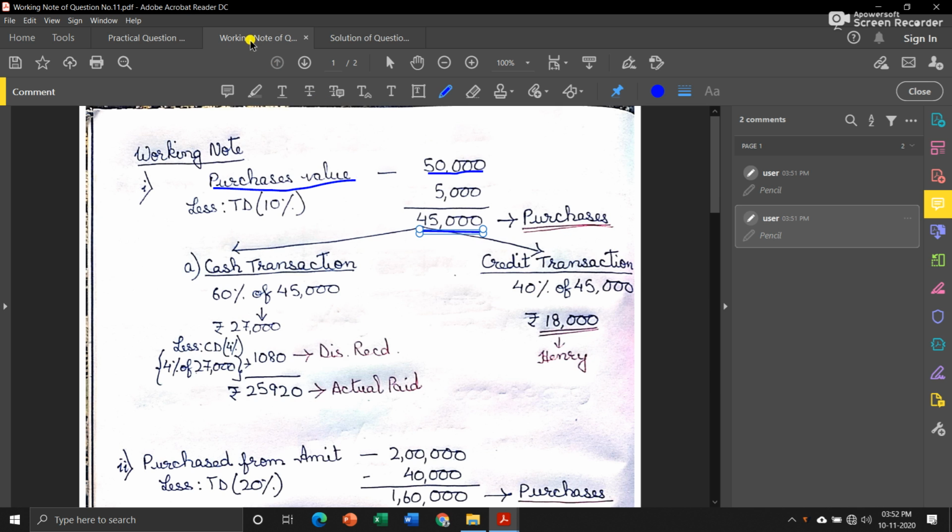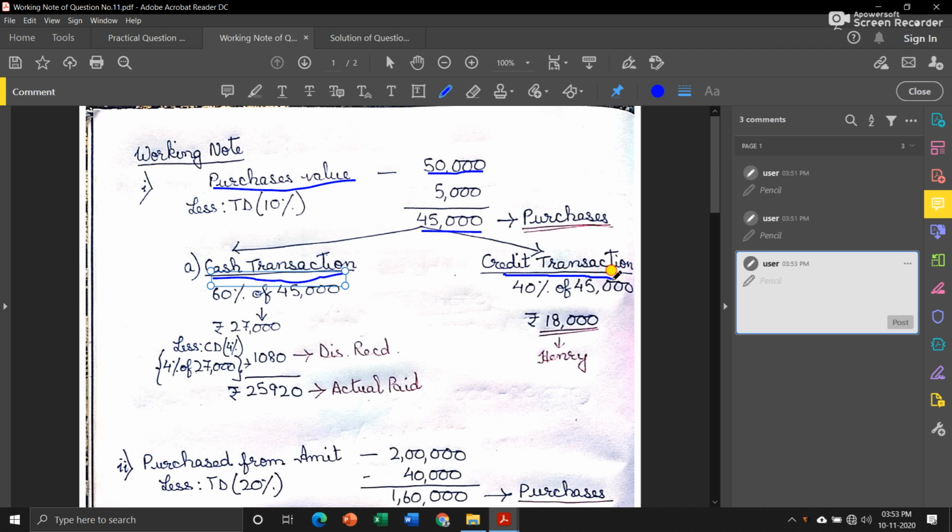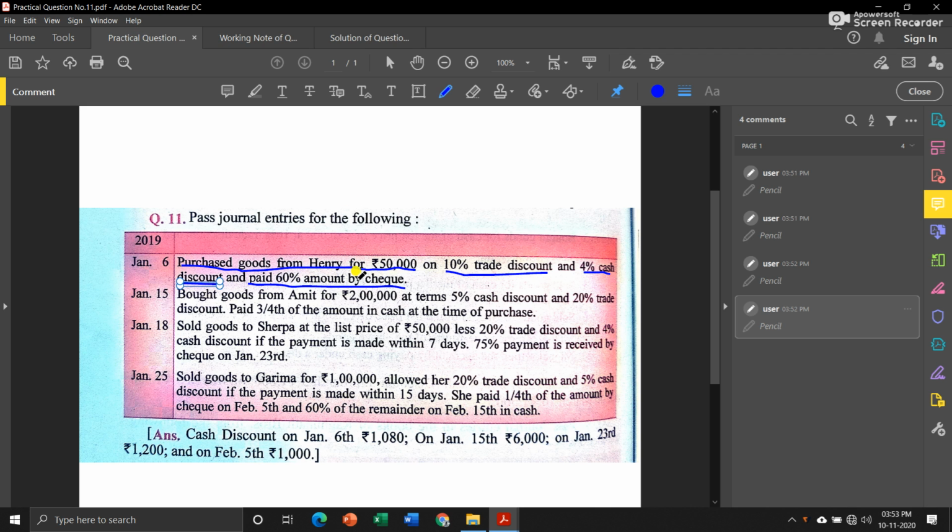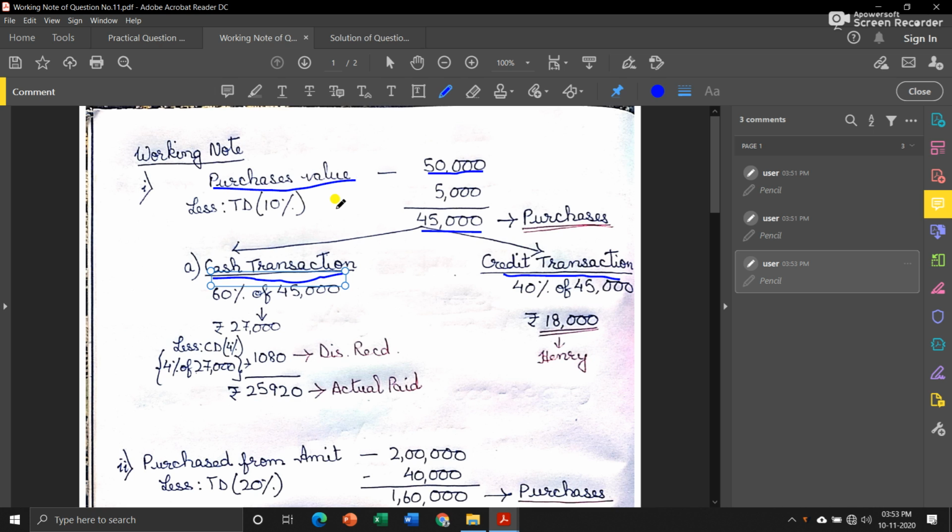After deducting trade discount, we will divide this 45,000 into two parts. The first part will be the cash transaction, the second part will be the credit transaction, because in the question they said that 60% of the amount was paid on the spot to Henry.